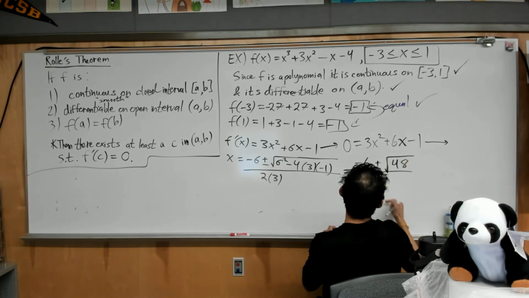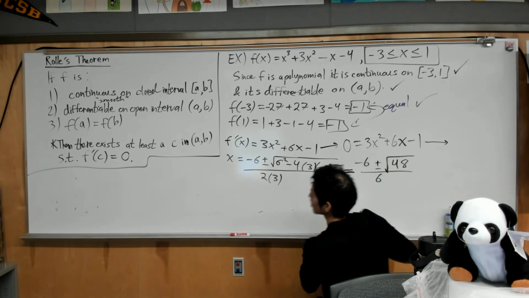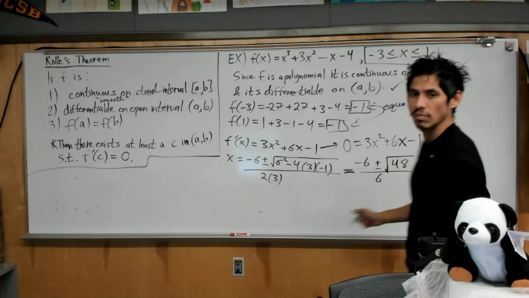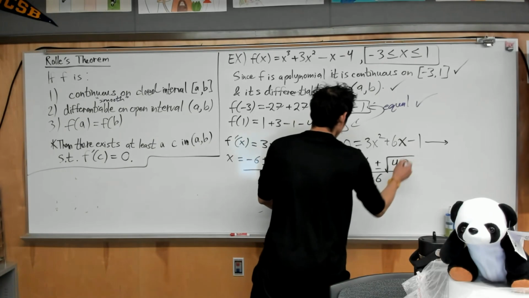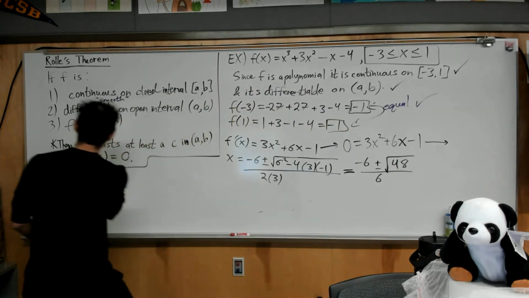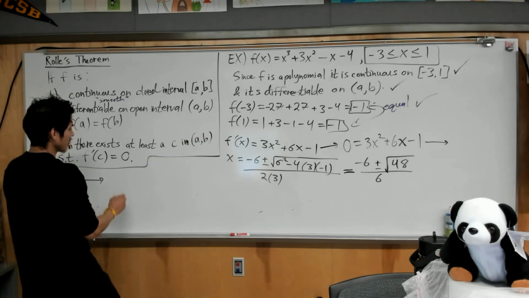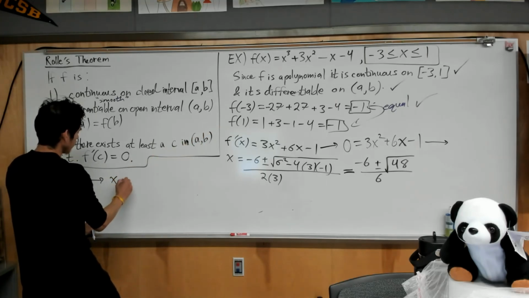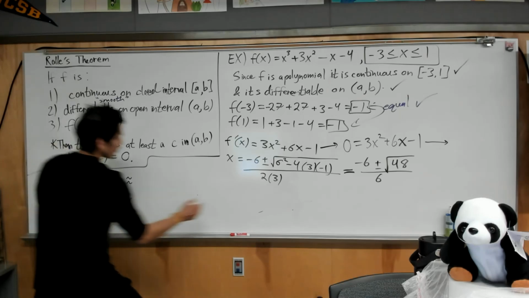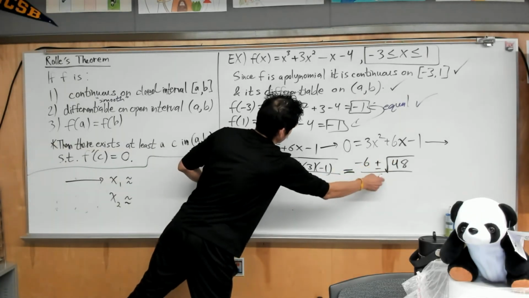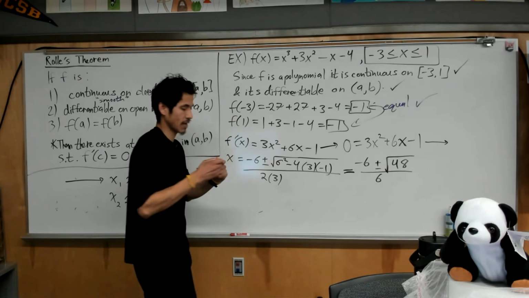So we're going to have two answers. Where should I write this? I'm going to write this over here. We're going to have x1, one of the values where we add this discriminant and then divide, and another one where we subtract.